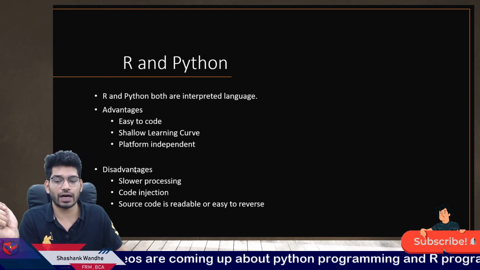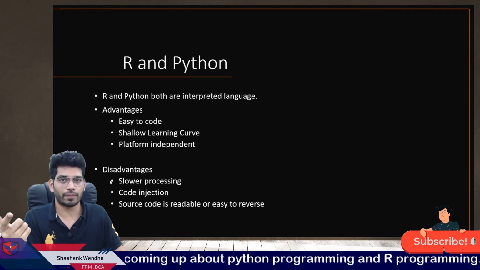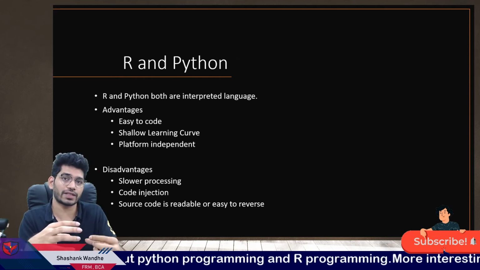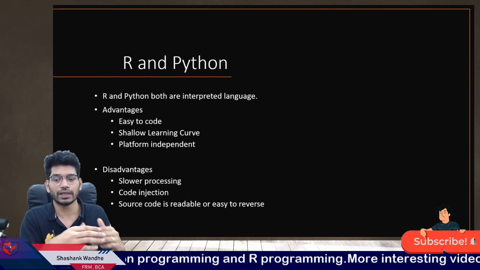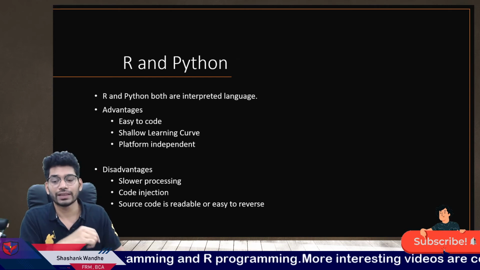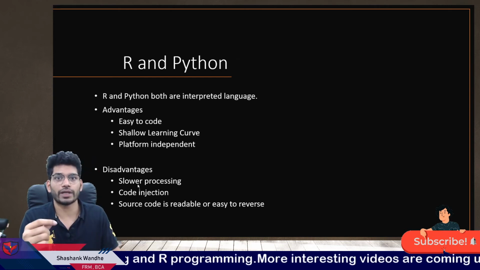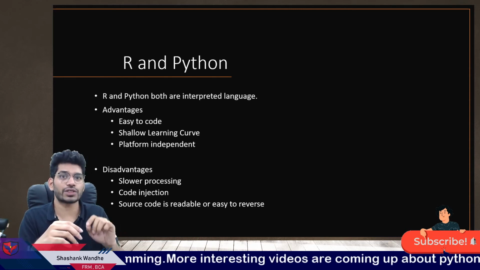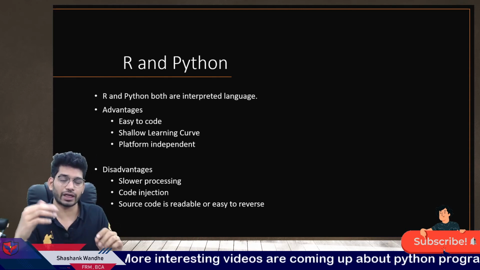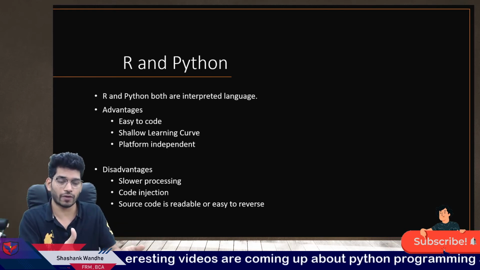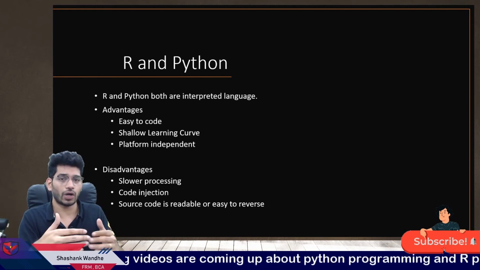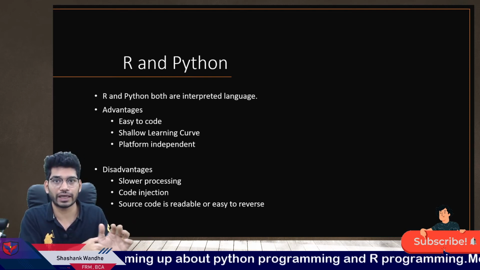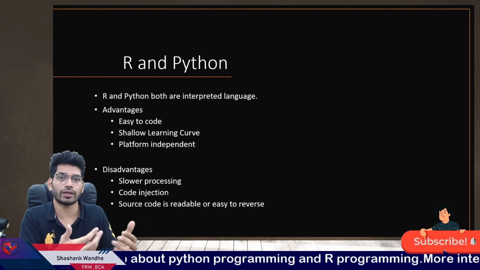Next are the disadvantages. Disadvantages are slower processing, because there is an interpreter, and the interpreter is not going to execute your code directly on the system. It will become slower. Then it is susceptible to code injection. Because the interpreter performs the operations, malicious code can be injected in that interpreter, and you will never know. You will think your software is performing like normal software or application, or the code is performing like it should, but in the background it might be trying to attack your system or that code.